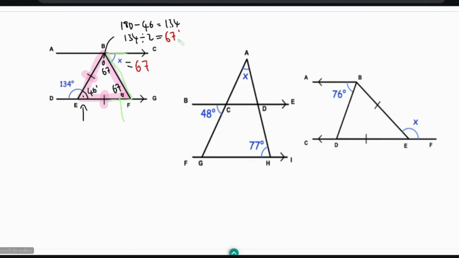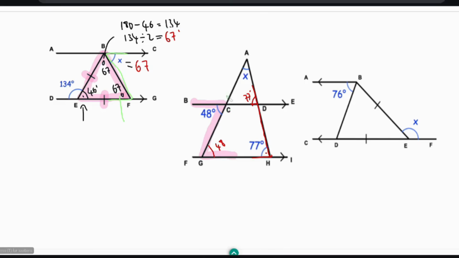Okay, question 2. I can see an alternate angle here. This angle is 48. I can also see some corresponding angles here. So we've got a corresponding angle here, 77, 77.